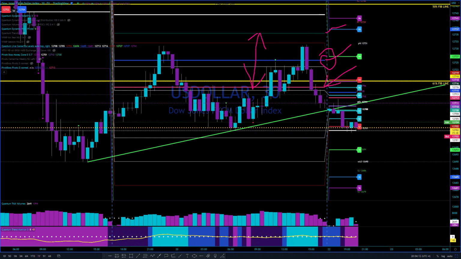Let's look at the range right now in comparison. This is the BC, this is the pivot, and this is the TC, top central pivot.